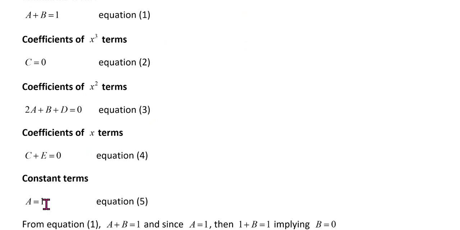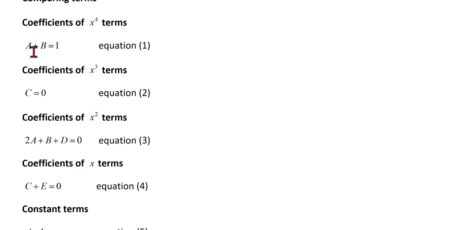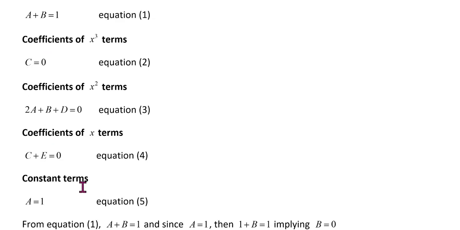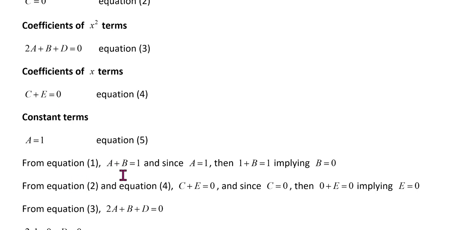So we get a equals 1, and then we get c equals 0. Because we get a equals 1, then b is 0. You can use the first equation to solve for b. Okay, so b is 0. Now we got a 1, b 0, c 0. From this equation, e plus c equals 0. Since c is 0, that makes e also 0.